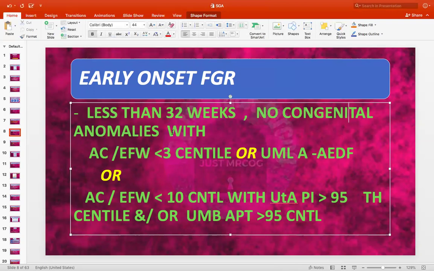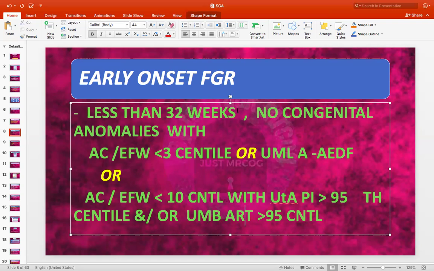That is the first criterion, right? And that is associated with, again, the same: AC or EFW less than third centile, or AC or EFW less than 10th centile. Whenever there is less than 10th centile, there are certain associated features like uterine artery PI more than 95th, umbilical artery PI more than 95th centile.